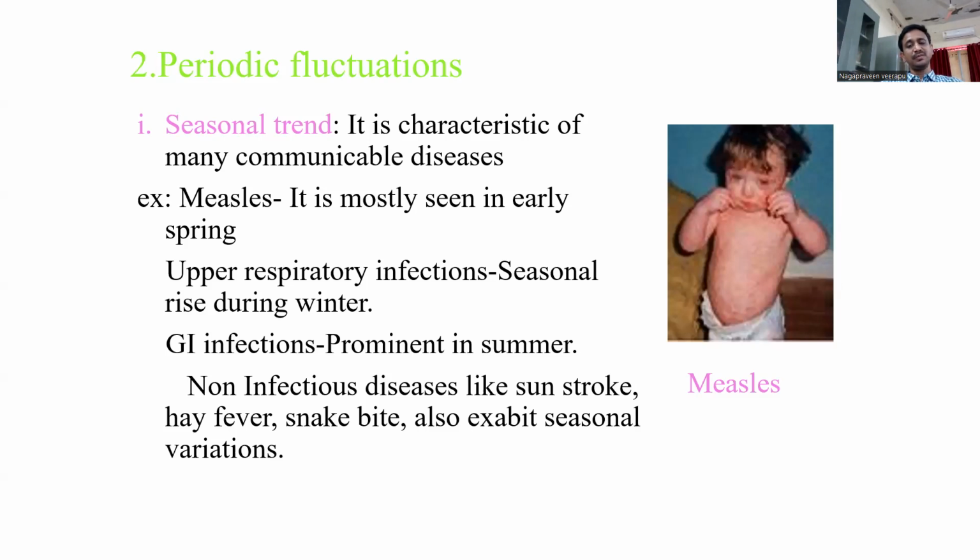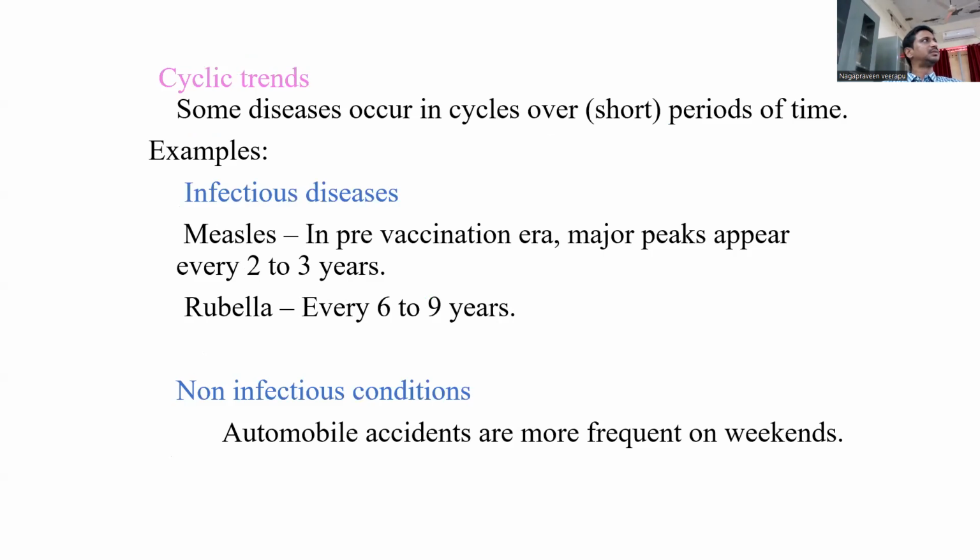Upper respiratory tract infections show more occurrence during the winter season. That is seasonal trend. For gastrointestinal infections, flies multiply in the summer season, so most cases occur in summer. Non-infectious conditions like sunstroke, hay fever, and snake bite also exhibit some seasonal variation.